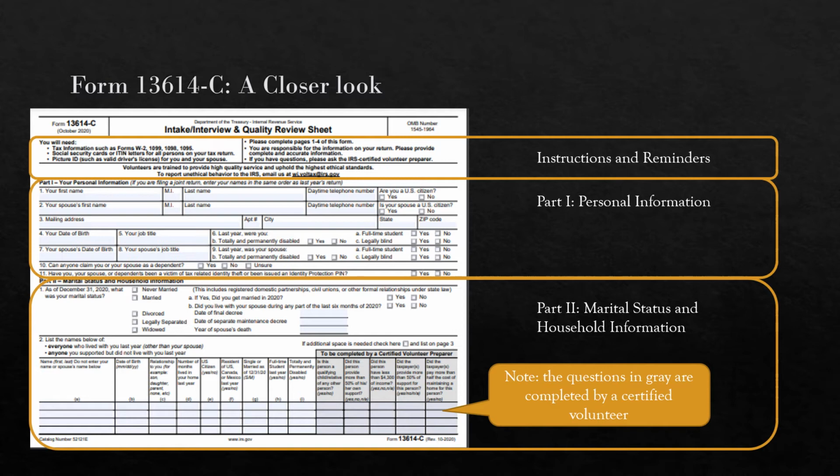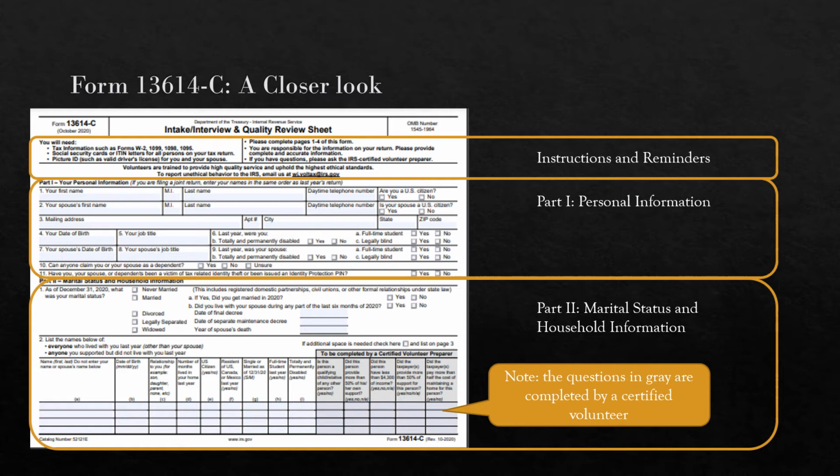The second part, which is part one, so it's the first part, it is where we collect all of the personal information, names, dates, and a few general questions that can kind of get a return started.